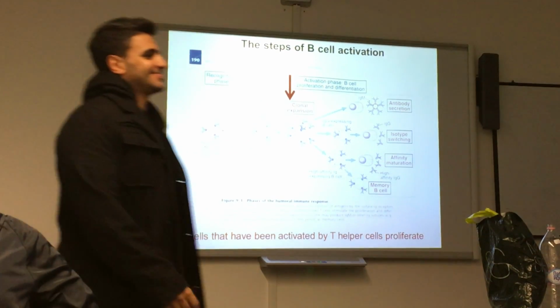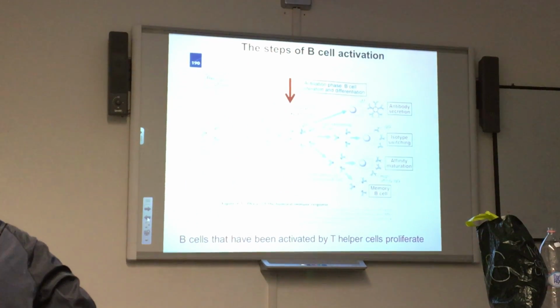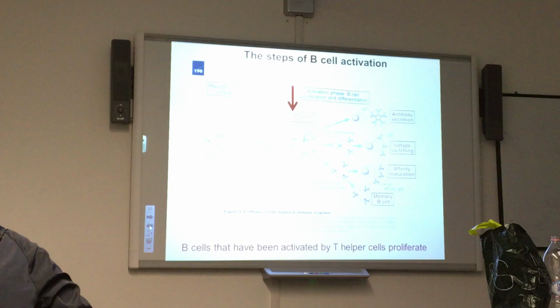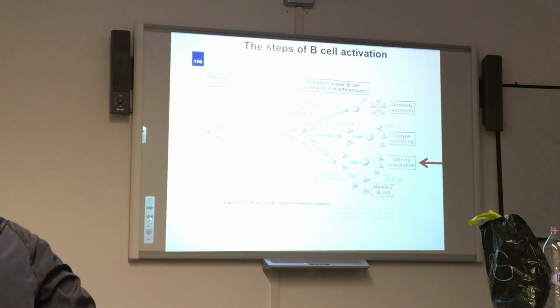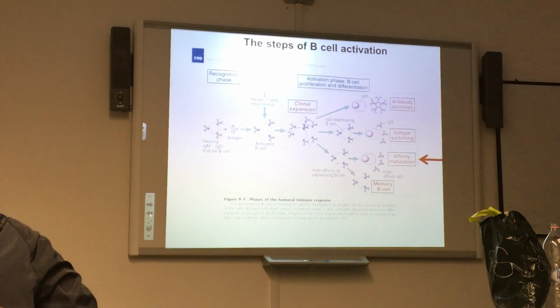And also they can differentiate to memory cells. And between the isotype switching and the maturation, they also need differentiation, for the developing of effector function of B cells.